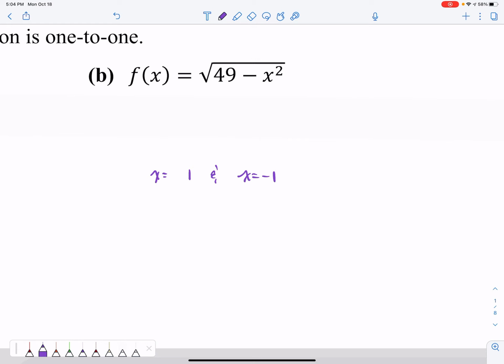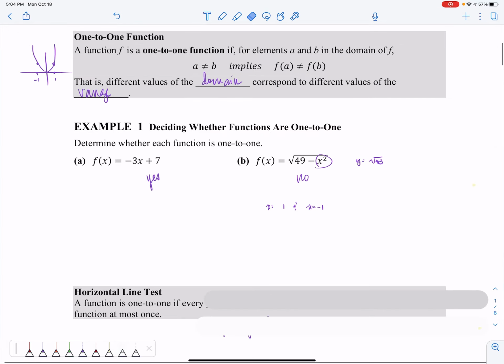If you take your 1 and your -1 and plug it in, both of these are going to become a positive 1. So then you have 49 minus that positive 1. That's going to be 48. So my y is going to be the square root of 48, regardless of whether my x was a 1 or a -1. So in this case, we'll say this is not one-to-one because even though my x's were different, I came up with a pair of y's that were the same.